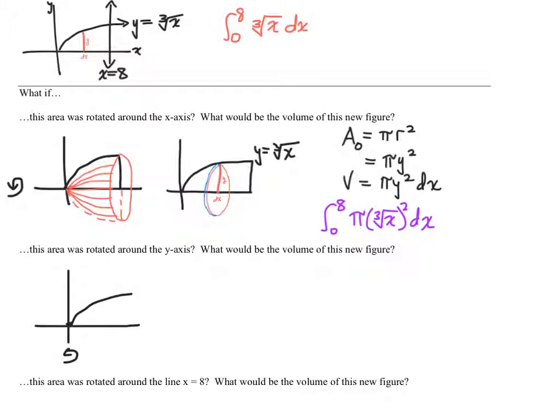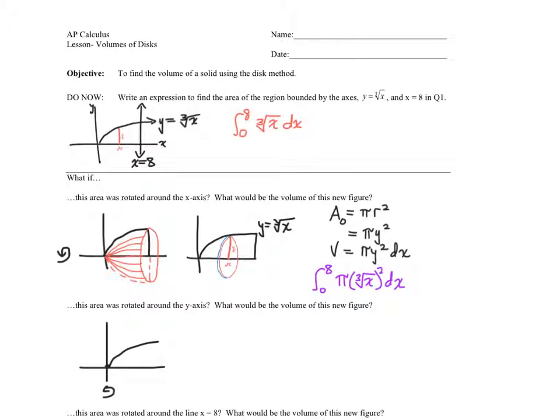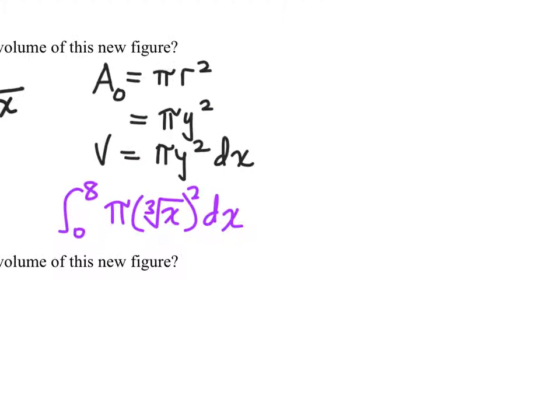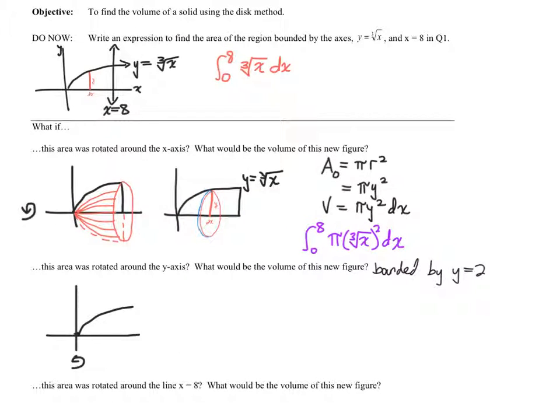So, I think I need a rephrase on this question. Yeah, I would want it to say bounded by y equals 2 instead of the x equals 8.